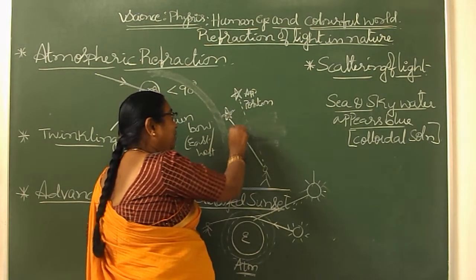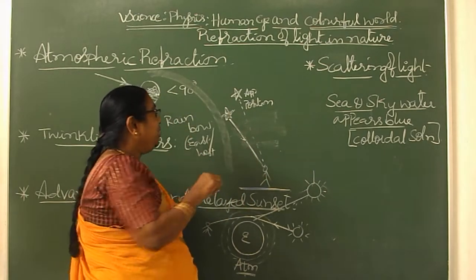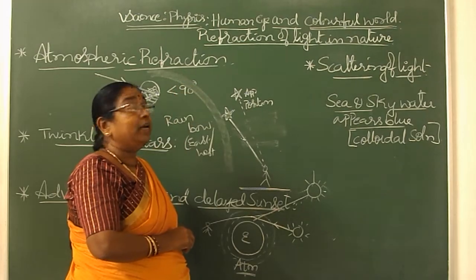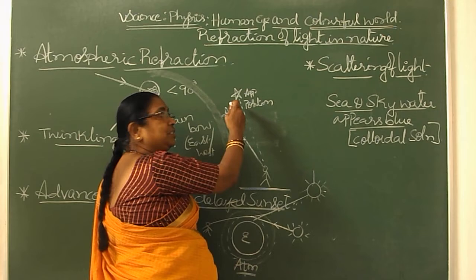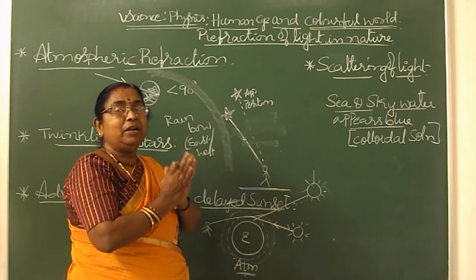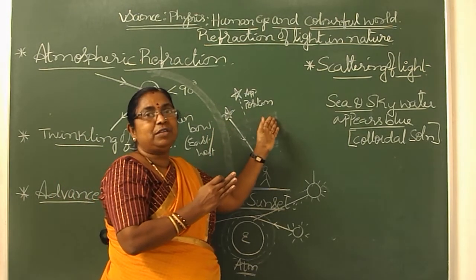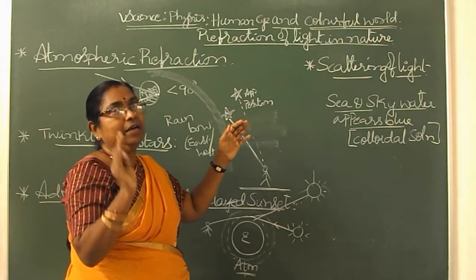When it is refracted, the incident ray, when it reaches your eyes, changes direction at a certain level. Then the stars do not appear in their actual position, they appear in some other position. Hence, that is called the apparent position of a star.